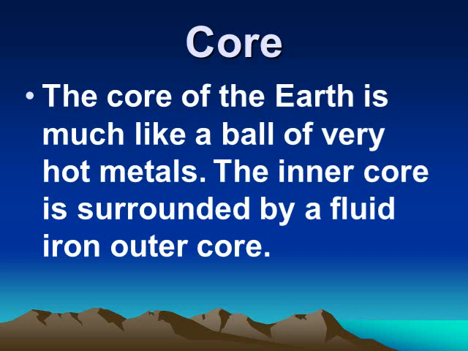Binanggit dyan that the core is divided into two regions, the inner and the outer core. The outer core is a liquid layer or a fluid layer, while the inner core is a solid layer due to the immense pressure that exists in the center of the planet.